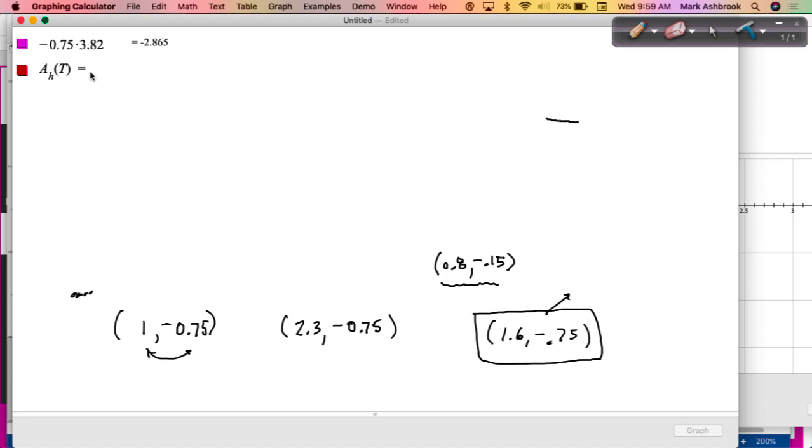What was the rule that gave us those net accumulations in height? 5 times, what should I put here? X? But I'm using T, right? I chose to use T, so T minus 0.6. Okay, and then to do a new command line, you can do control return or command return.